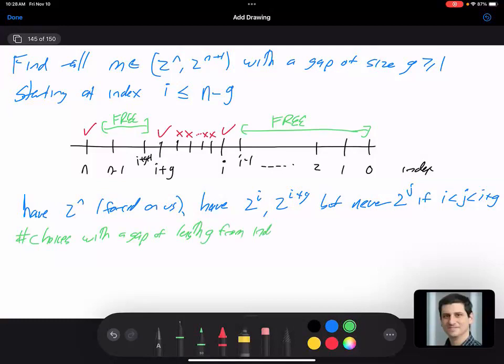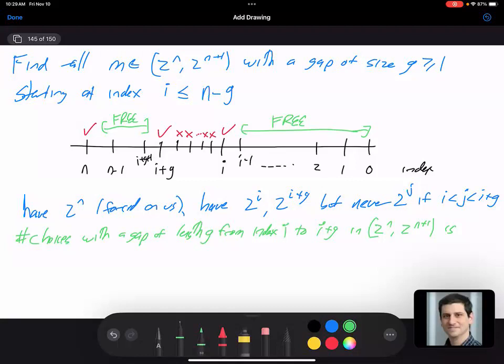from index I to I plus g in 2 to the n plus 1 is the following. So how many choices do I have to fill in the first part? How many indices are there? And for each index, how many choices are there? So I want to figure out how many numbers m are there.